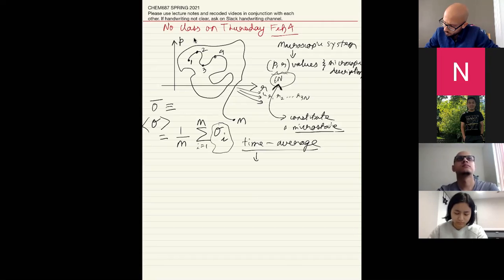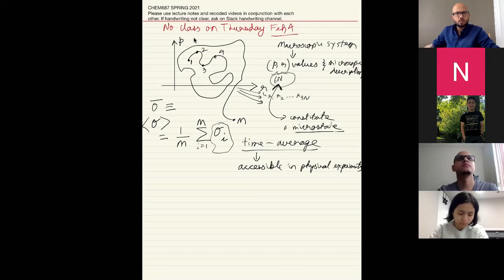So time average is accessible in physical experiments, when you actually perform experiments, but theoretically it's very hard to do. In theory or in computer simulations, it's extremely hard to do. Why is it very hard? Because there you have to take into account how the system will go from 1 to 2. You have to calculate what is this point 2 that the system is going to take.